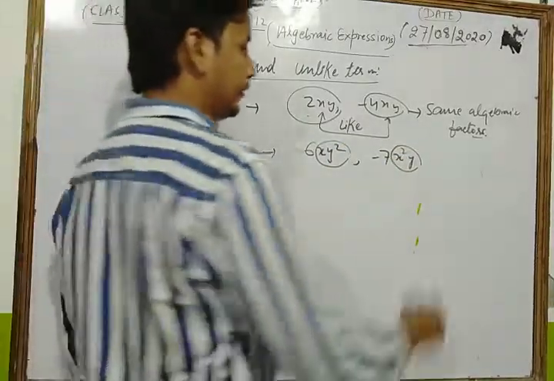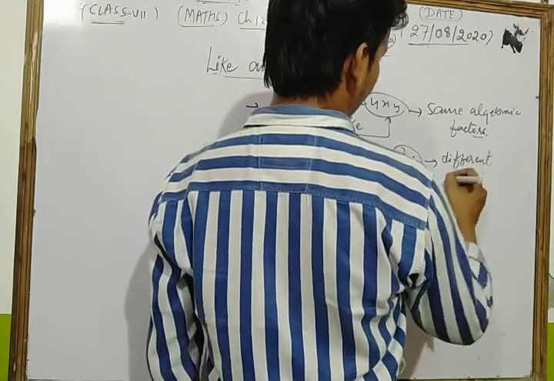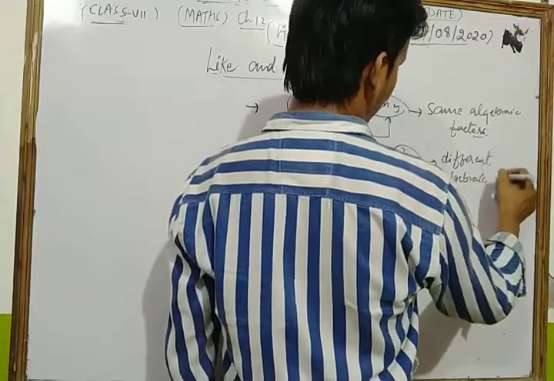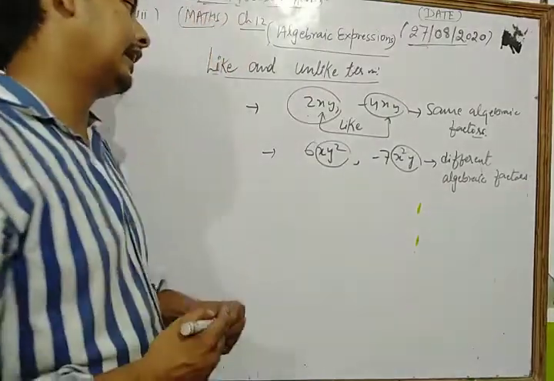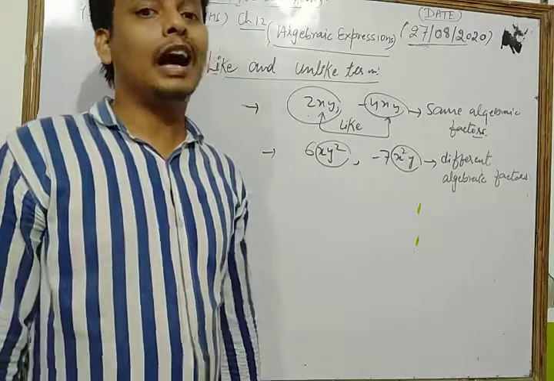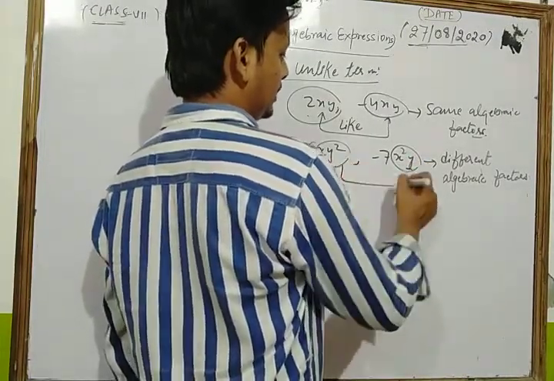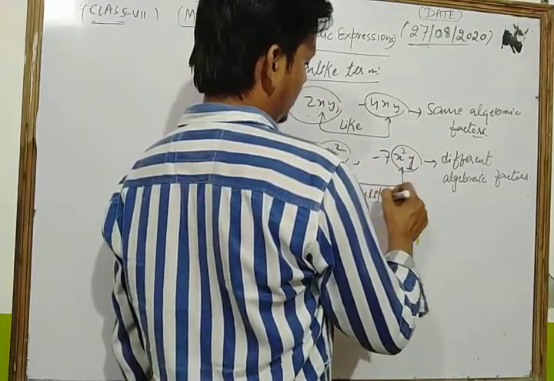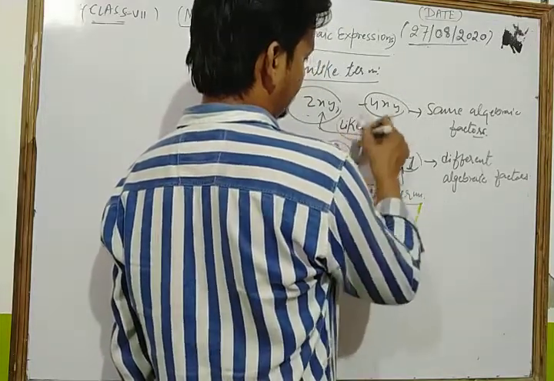So these have different algebraic factors. Now here the terms have different algebraic factors, so they are said to be unlike terms. So minus 6xy square and minus 7x square y are unlike terms.